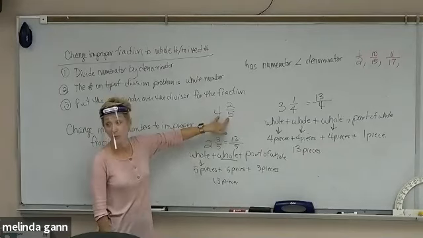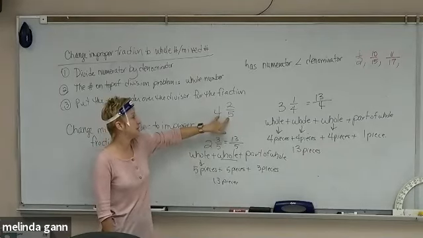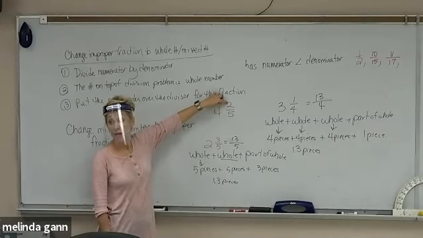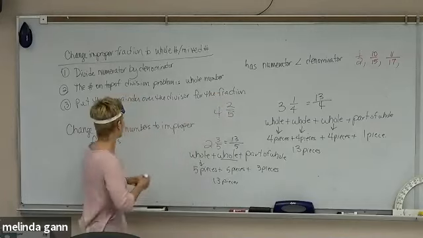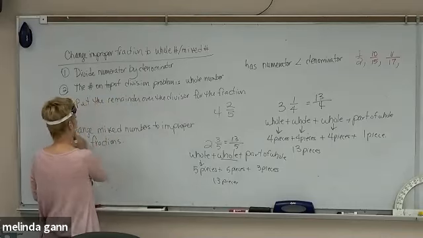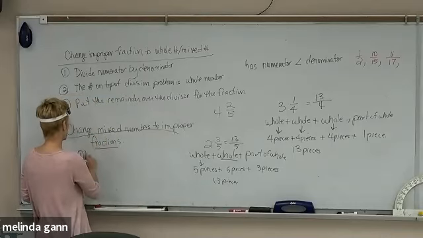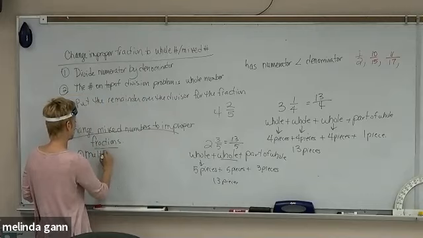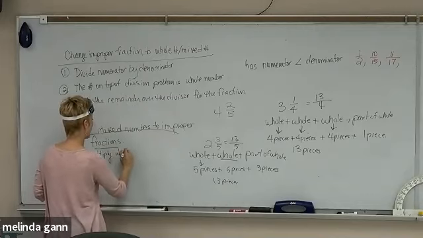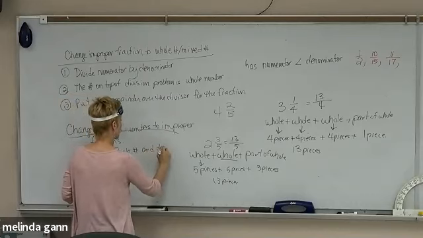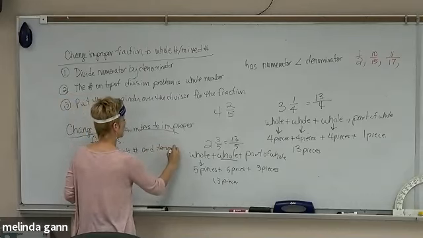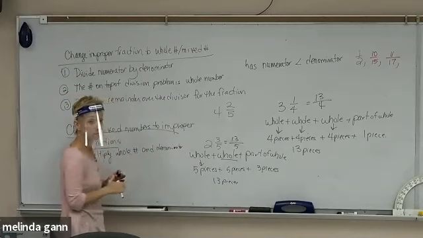Then, don't you have some other pieces? What would you have to do with that 20 and that 2? You'd have to add them. Wouldn't that give you your new numerator? So do we understand your shortcut here? You would multiply the whole number and the denominator. But do we understand why you do that?